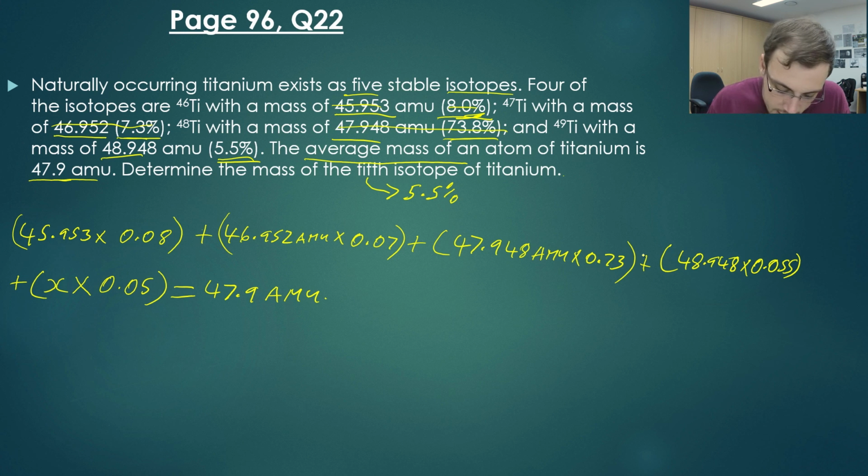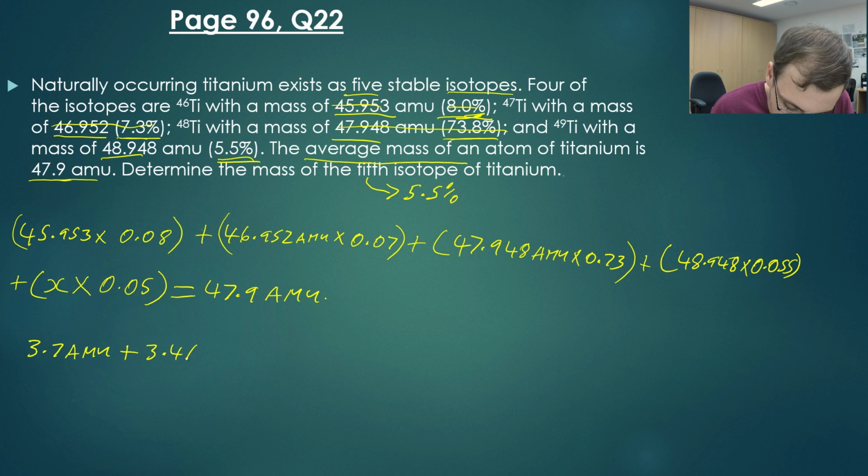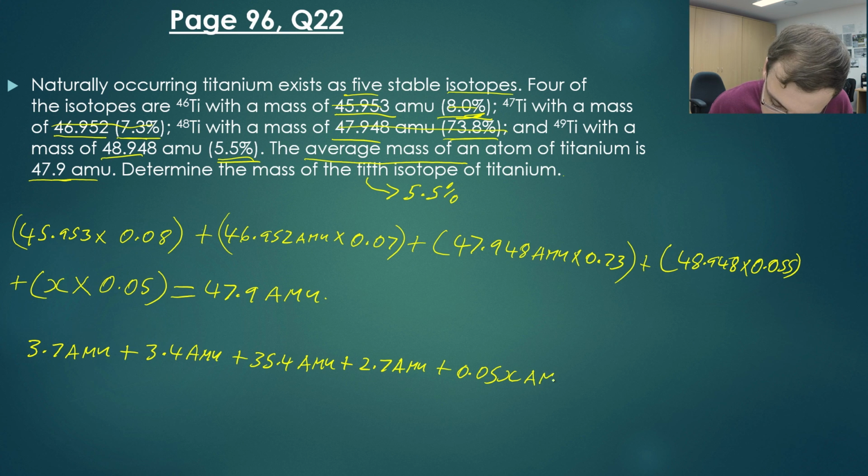So we have 3.7 AMU plus 3.4 AMU plus 35.4 AMU plus 2.7 AMU plus 0.05x AMU is equal to 47.9 AMU.